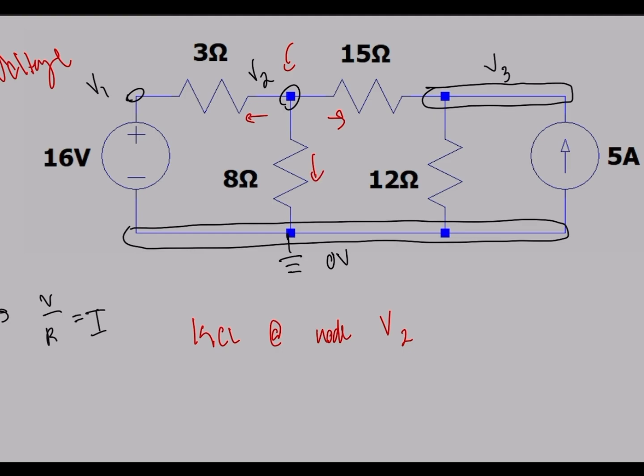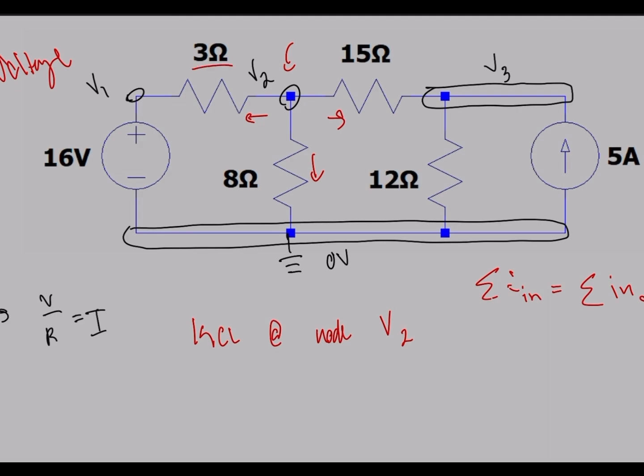You can do them entering. It does not matter. You'll just get a different sign. But again, remember that KCL states that all the currents entering a junction are equal to all the currents exiting. So here we can take that as being this current plus this current plus this current plus this current added together equals 0. It's all the same.